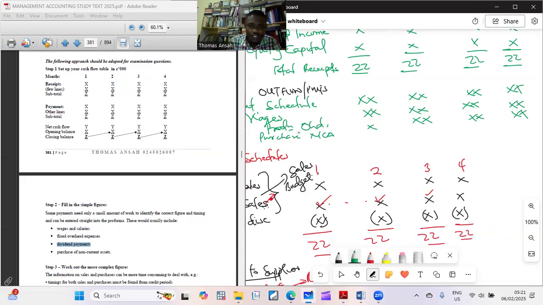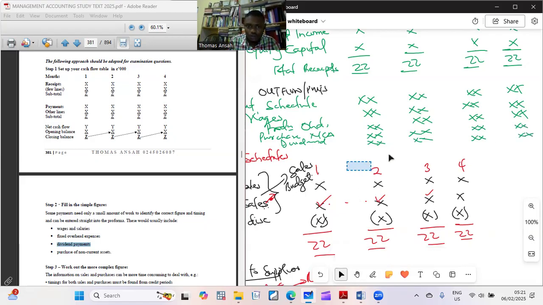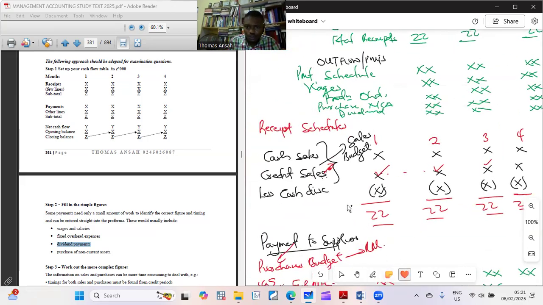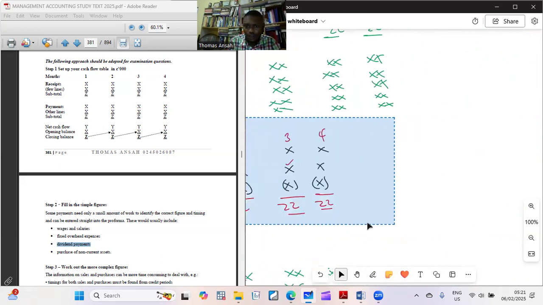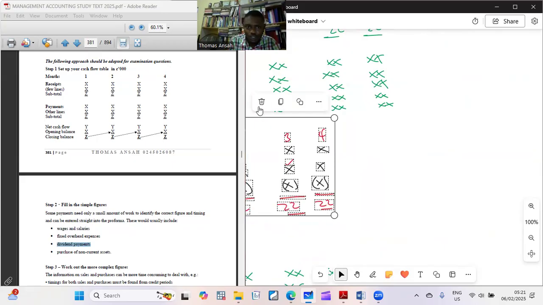There can be dividend, and these are the things you normally see. That's why you've seen it here. So all those things you have to add them up. I will need to create space for myself, so I might delete certain things down here also. All right, so you add them up. So basically that is that. I think you've seen the schedule, so I can take it off now because I need to create some space.